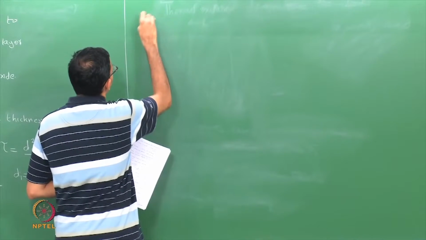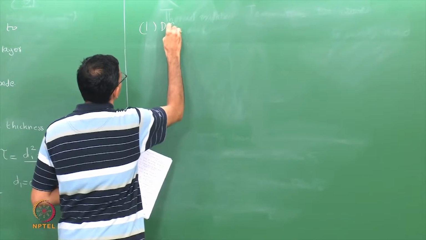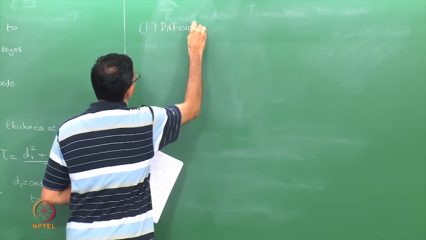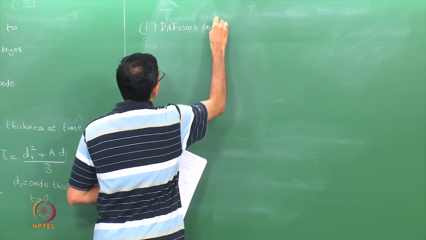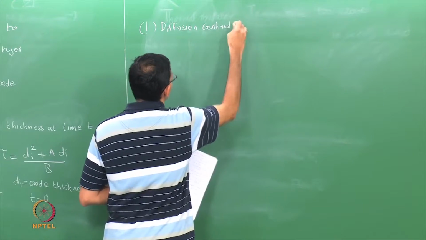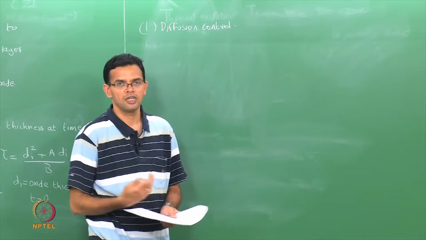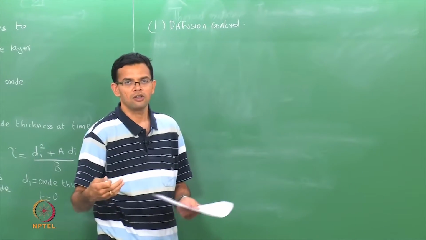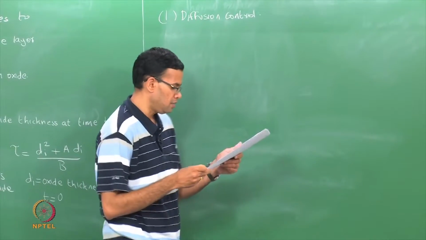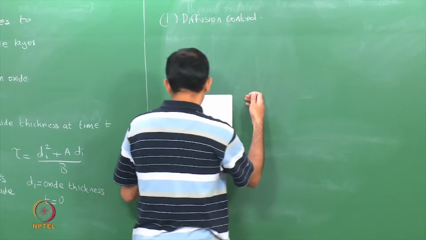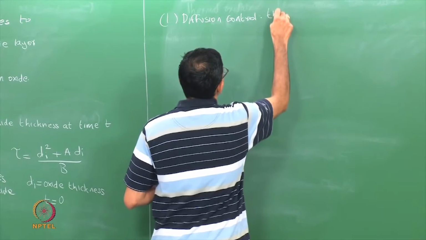In the case of diffusion control, here the diffusion of the oxide species through the oxide layer is what matters. So, this is usually for a thick oxide.